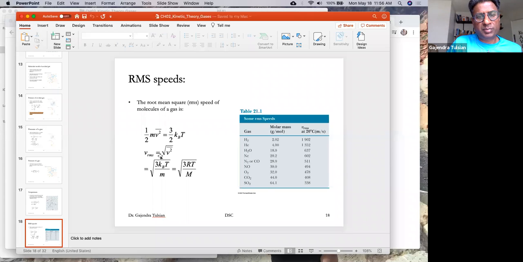We'll come to the molecular distribution in a second, and I'll show you how to calculate this. The root mean square speed is given by the square root of 3 kB, Boltzmann's constant, times temperature divided by the mass of a single molecule, or you can express it in terms of the gas constant, where capital M is the molar mass, the mass of 1 mole of that substance. So the VRMS speed is given by that.